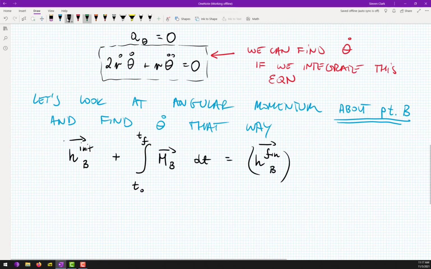So let's actually put everything in the parentheses, and let's care only about the Z component.